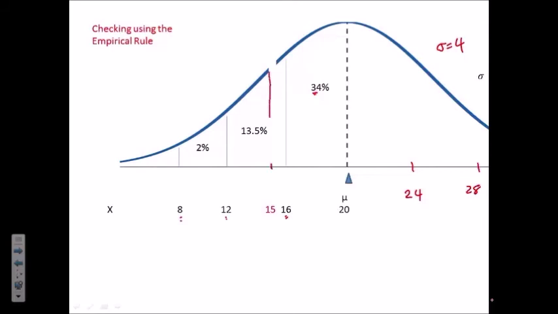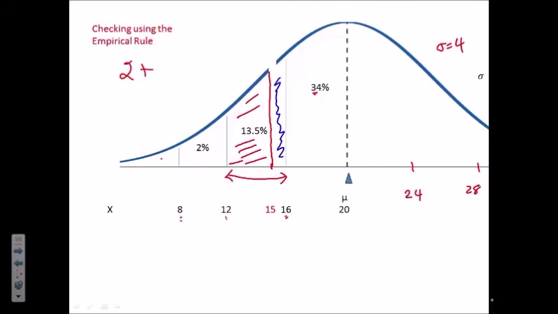So we want to know, what's the area below 15? Well, it's going to be a very small amount here. That's negligible. Here we have 2% plus this area right here. Now, the entire area from 12 to 16 is 13.5%. So we don't have that. We have a number less than 13.5. So we have to estimate what this area right here is.